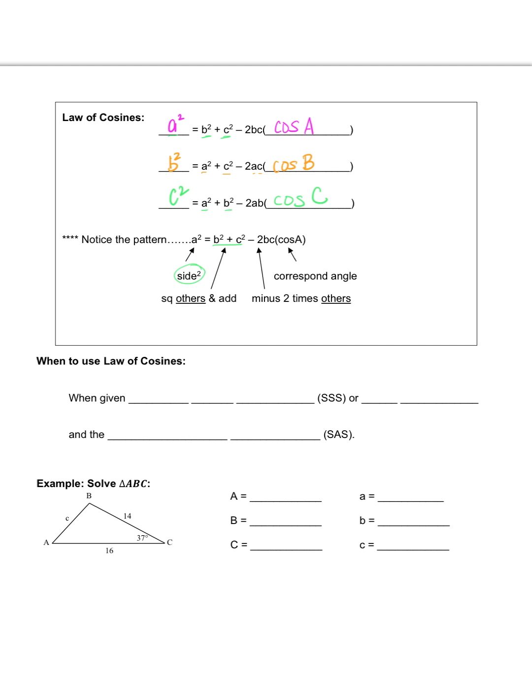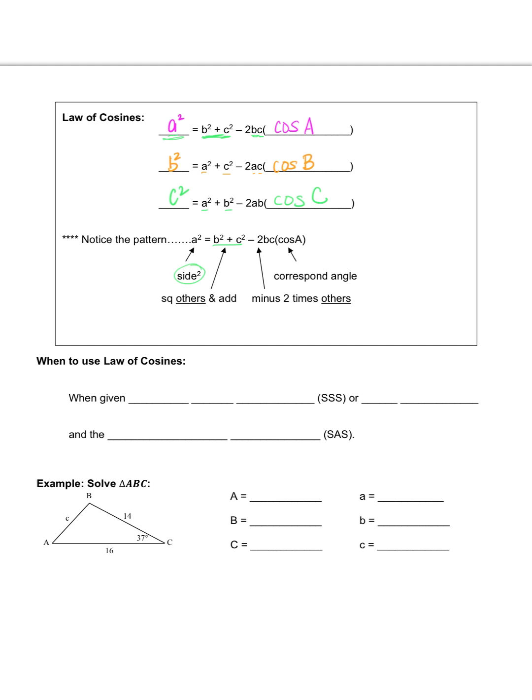Then I subtract, and every single one of these has a 2, but we're subtracting, so we subtract 2 times the other sides, the sides that are not this one, times the cosine of the corresponding angle, okay?